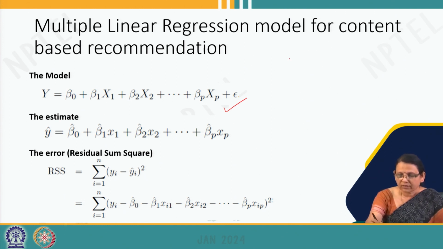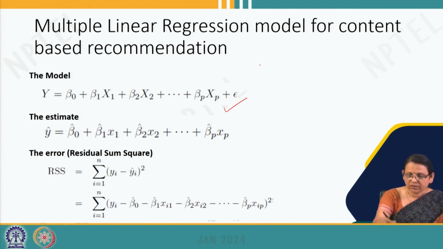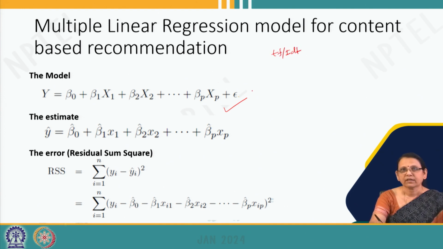Now, what is your data? Specifically in the content based recommender system, you have text documents. These text documents are represented in terms of TF-IDF ratings. This TF-IDF rating gives you a numerical value, and this numerical value represents the feature.